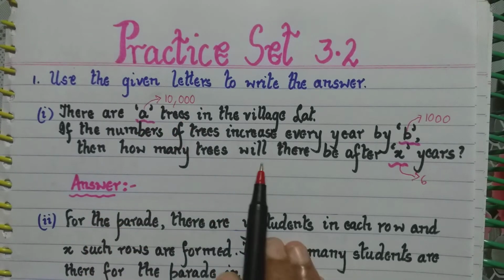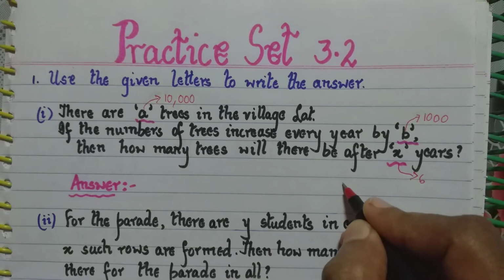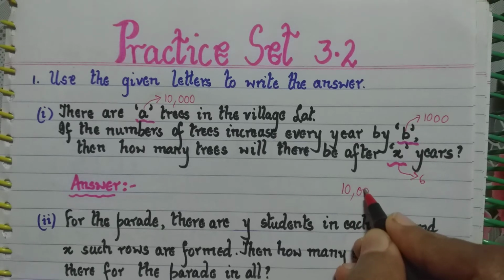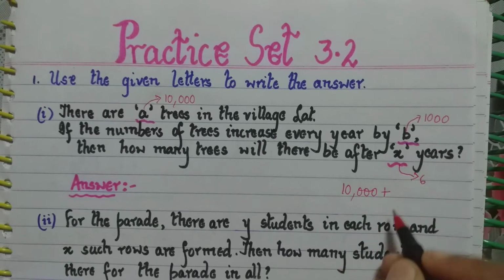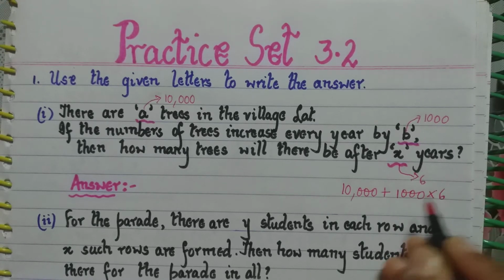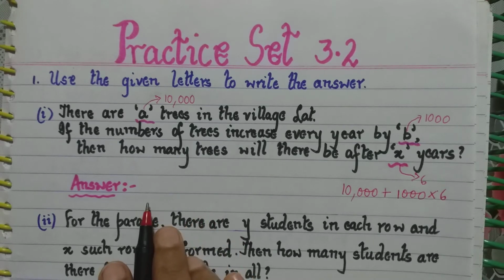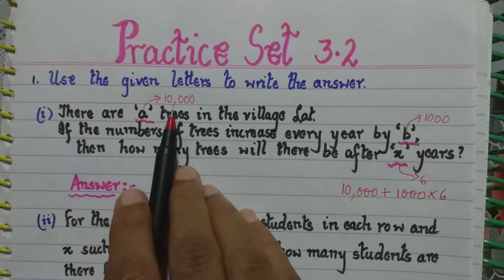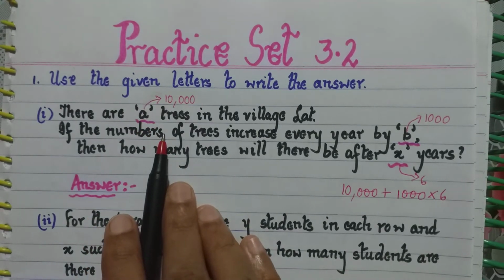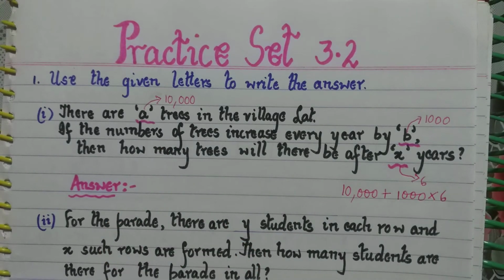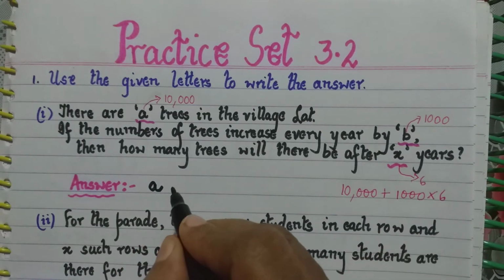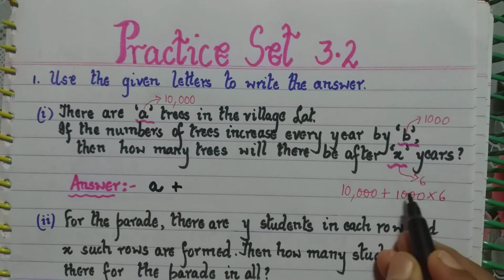10,000 is A. Okay, let me write that first. Just now we said after 6 years, it would be 10,000 plus 1000 into 6. Now when I am writing the answer, in place of 10,000 I have A. Then I have plus.